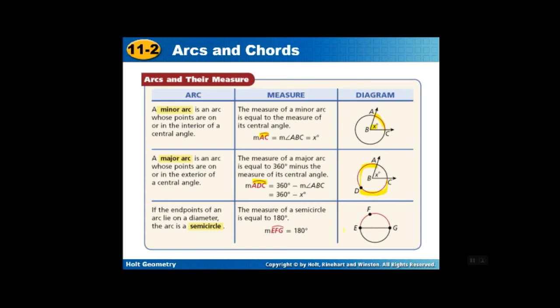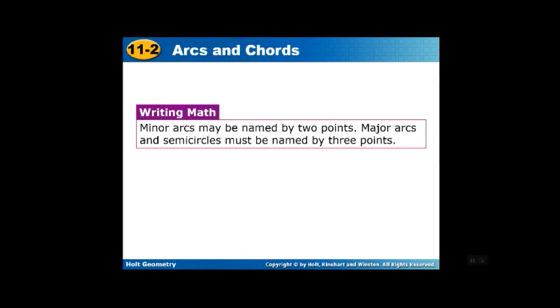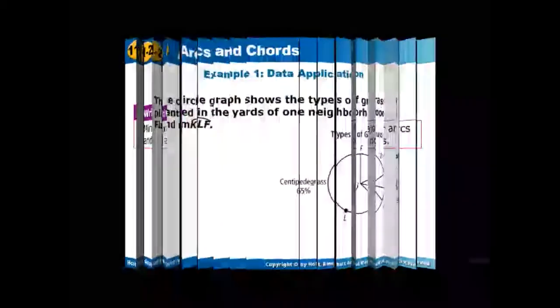And finally the semicircle, half of the circle again, uses 3 letters to name this arc. As we said, minor arcs may be named by 2 points, and the major arcs and the semicircles must be named by 3 points.